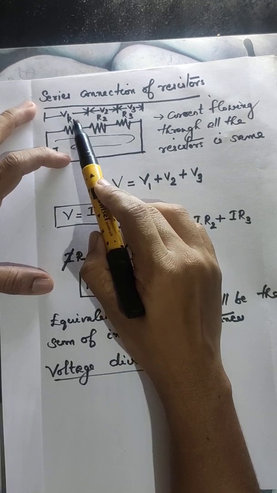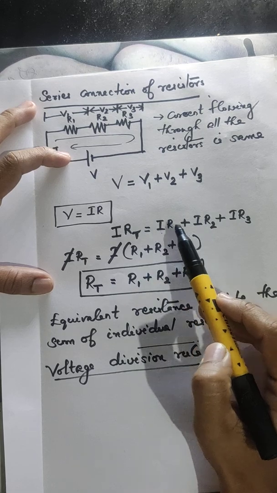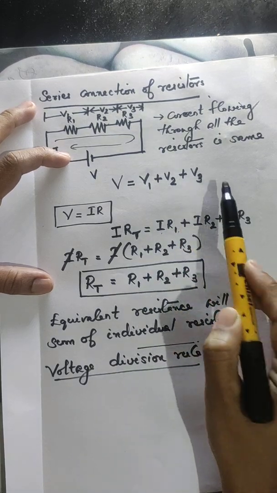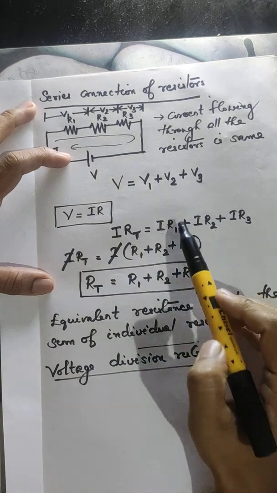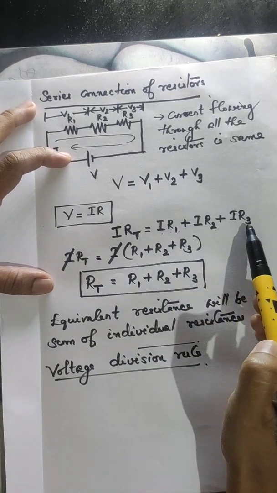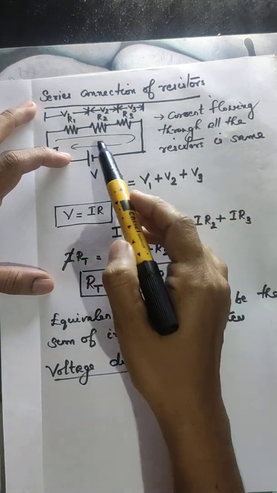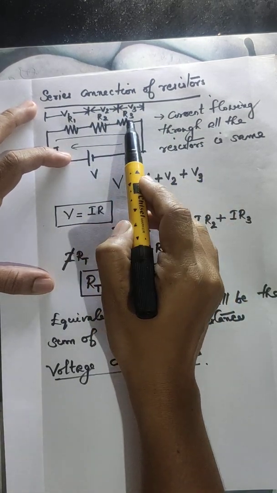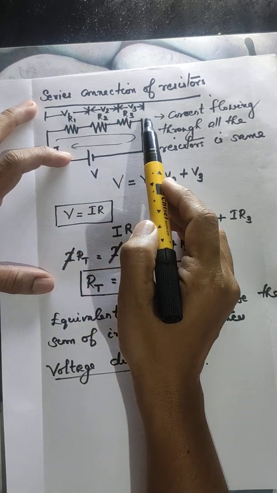That depends on the value of these resistances, right? V1 is I into R1, V2 is I into R2 and V3 is I into R3. So if the values of R1, R2 and R3 are the same, these voltages will be the same. But if we are using different resistors, different voltages will appear across each of the components.